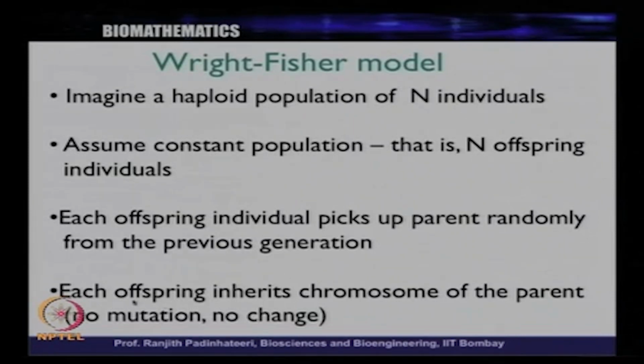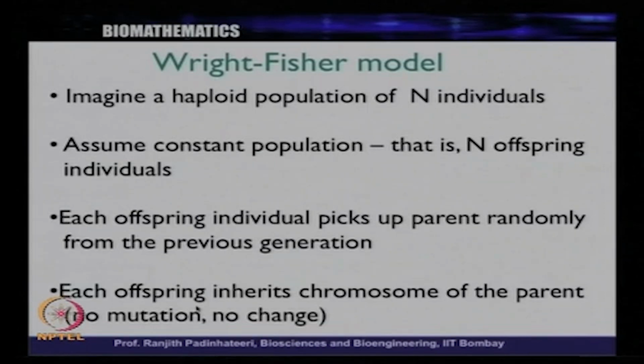We can change this rule a bit and say that each offspring inherits its chromosome with some probability, and the mutation happens with some other probability. Let's say with probability m the mutation happens, and with probability 1 minus m the mutation does not happen. So we can just change one rule in this set of rules of the Wright-Fisher model, and then you can incorporate mutation.